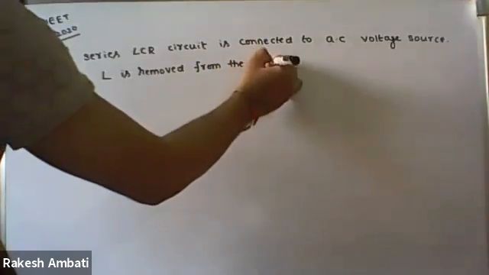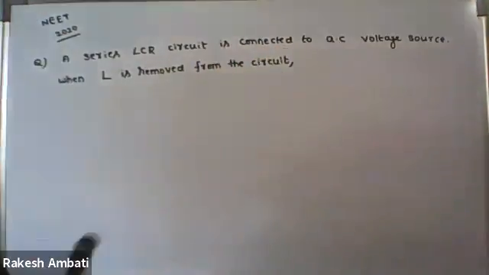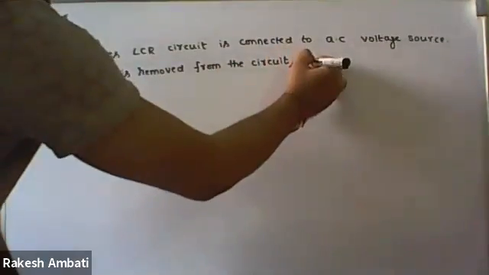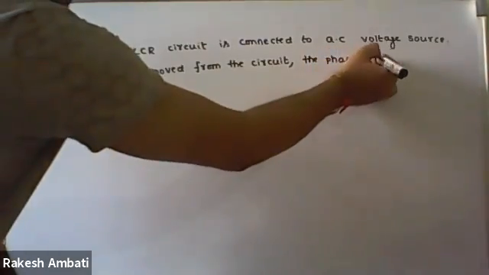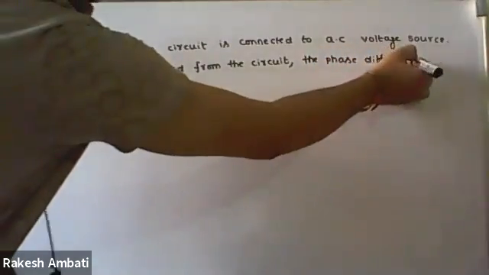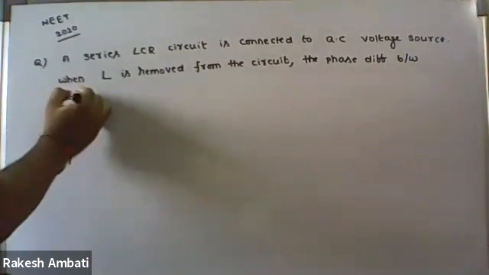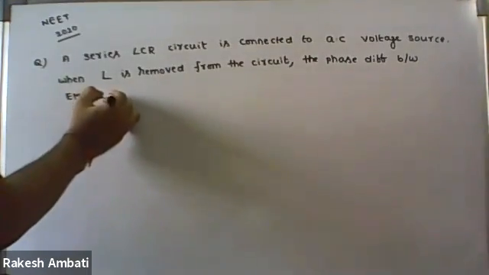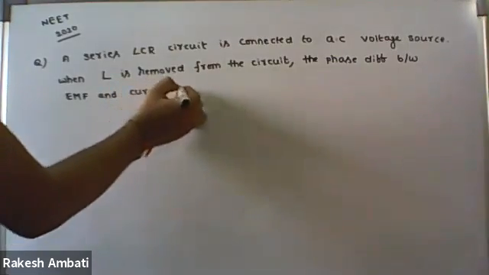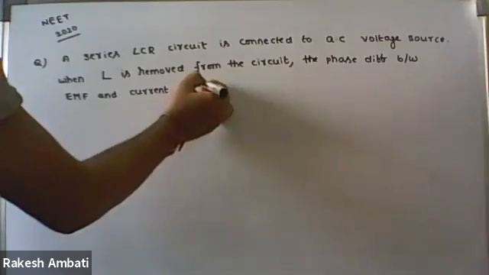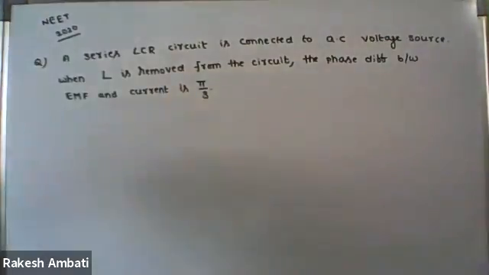When L is removed from the circuit, the phase difference between EMF and current is pi by 3.